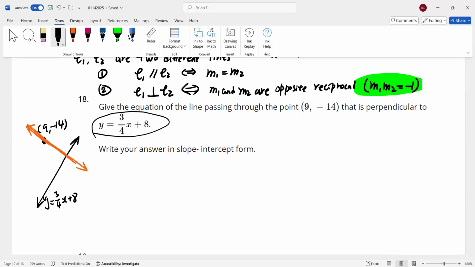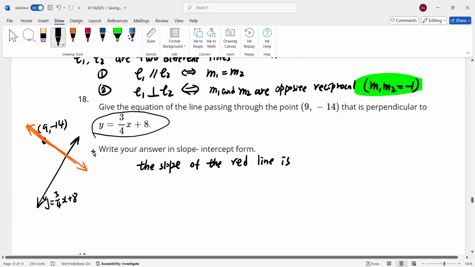Now here we are going to handle the problem algebraically, because the equation is a concept in algebra. First, I need to ask you the question: what is the slope? The first straight line, the black one, slope is 3/4.